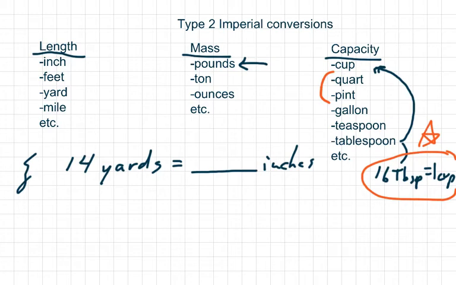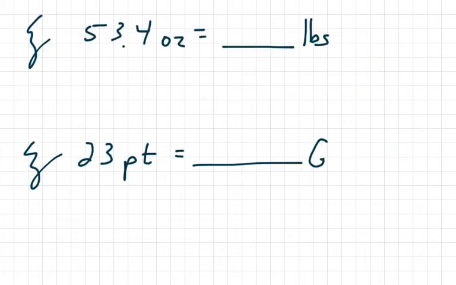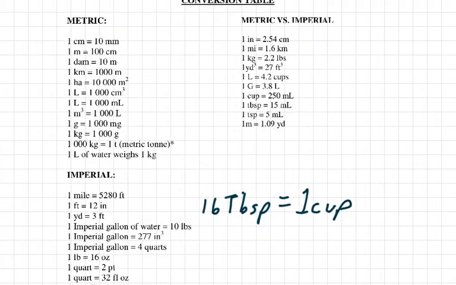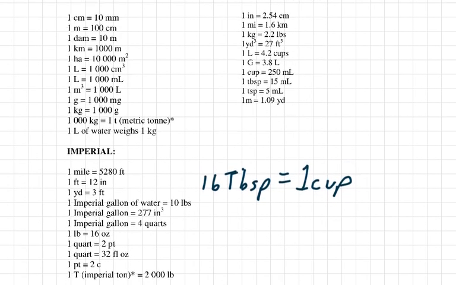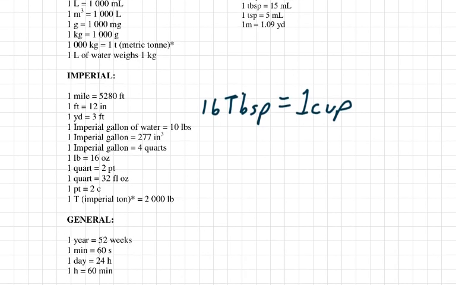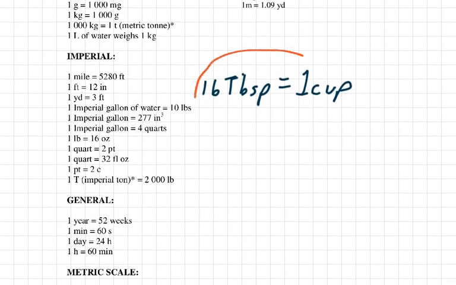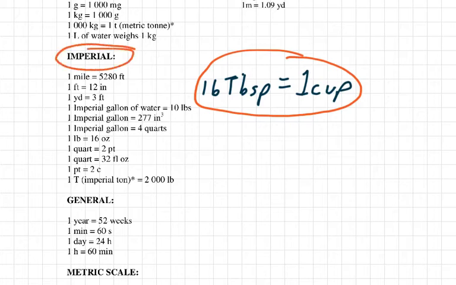Now, before I do that, you're going to have to go onto the classroom and you'll find this table. It says it's a conversion table. Now there's one conversion that's missing here, and it's 16 tablespoons is equal to 1 cup. It should just go with this Imperial stuff. Okay? Now I think of this as my map for everything.